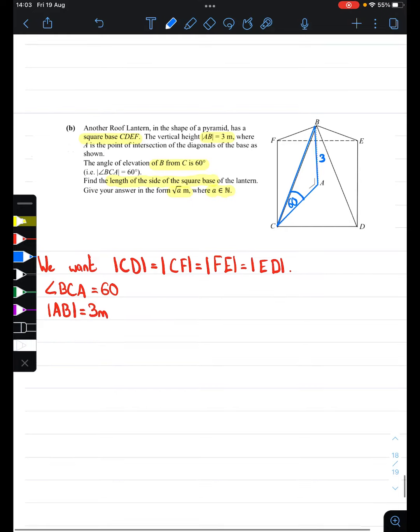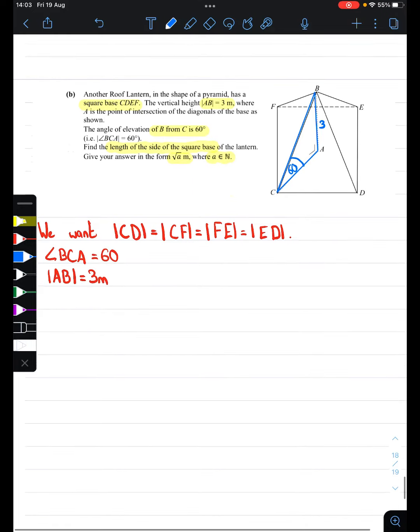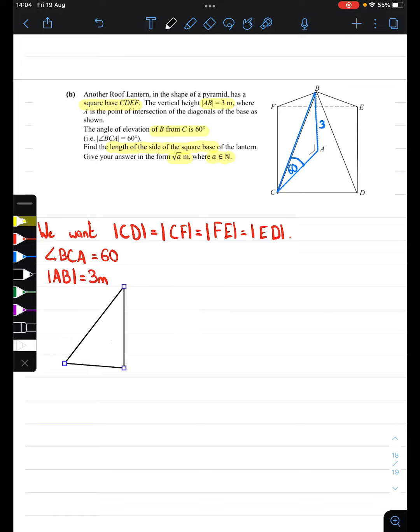So we have quite a bit of information about this triangle BCA. So if this is A, this is B, and this is C, we know that this is 60, and this is 3. So, what can we find out? Well, we were able to find out what AC is, for example.